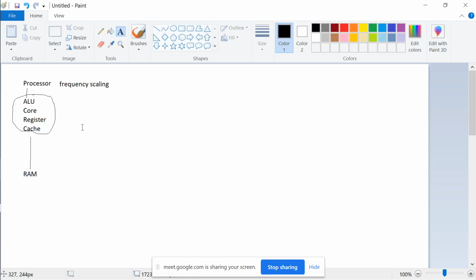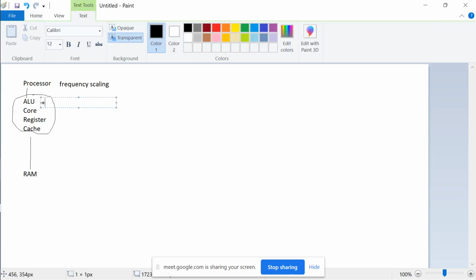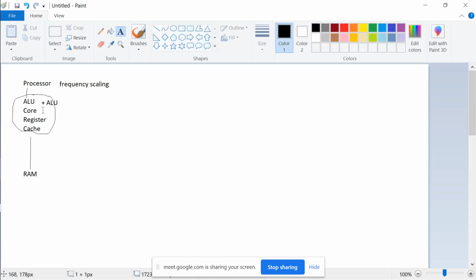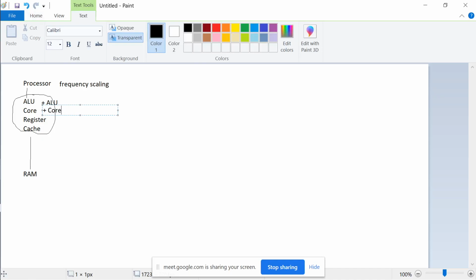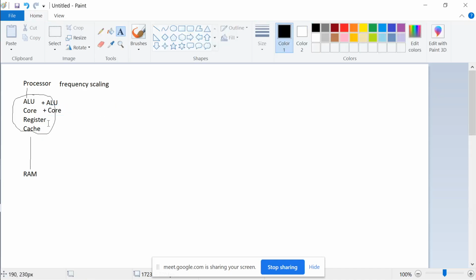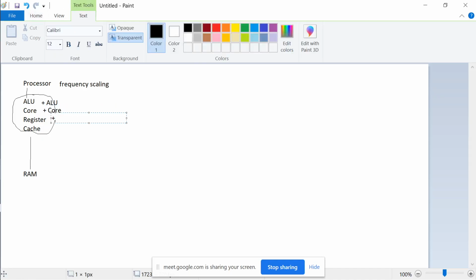It will not work the way you want it. So one way of doing it is you multiply. Instead of having one ALU, you have two ALUs. Instead of having one core, you have two cores. Instead of having one register, you have two registers. Instead of having one cache, you have two caches. So this is one way of improving the performance of the computer.